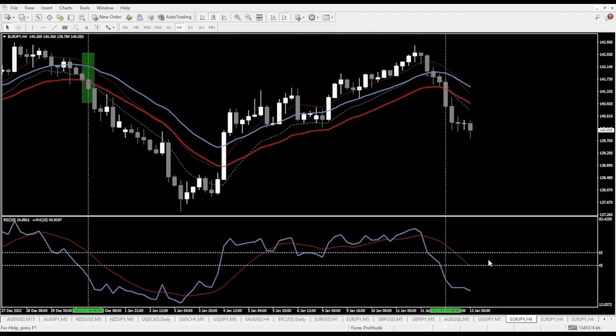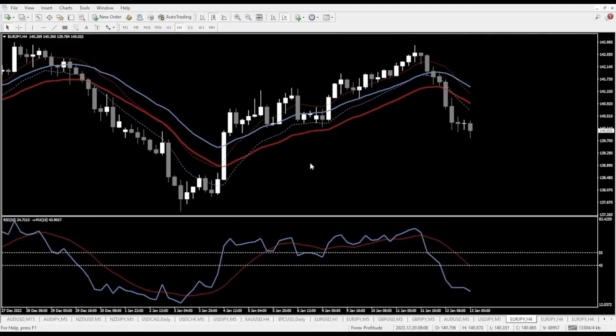So we have the RSI below the 45 level, and that implies that we do have some market momentum to the downside. And on top of that, we've got that RSI below the simple moving average, this 10 simple moving average. So we've got all the criteria met for the short trades. All right, so that is the signal for the trades themselves, which is really straightforward, really simple.